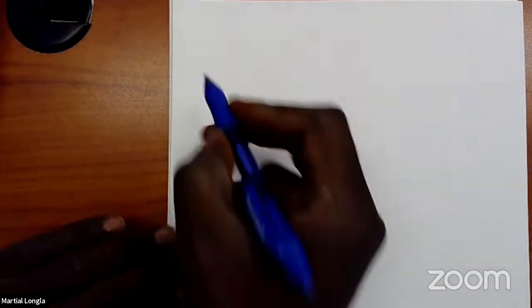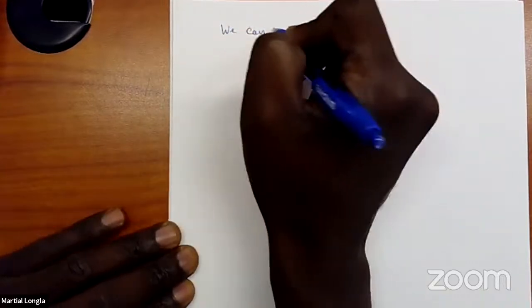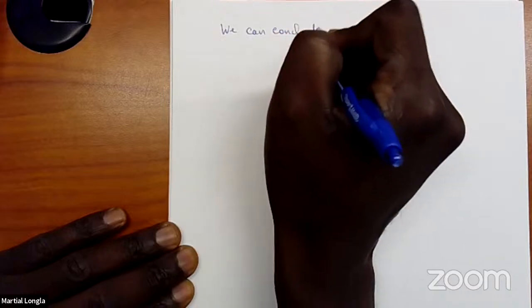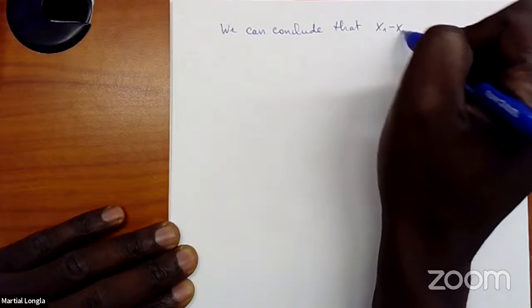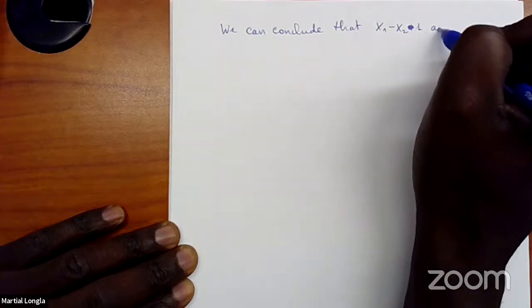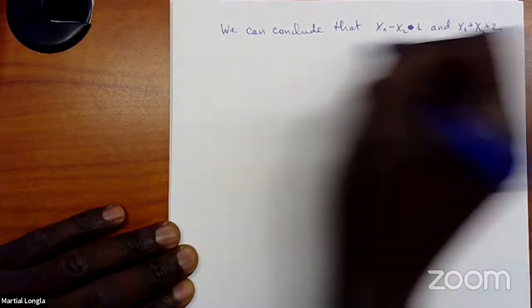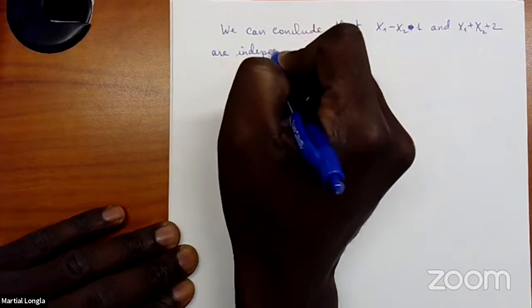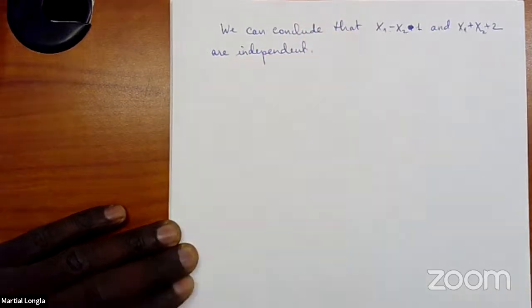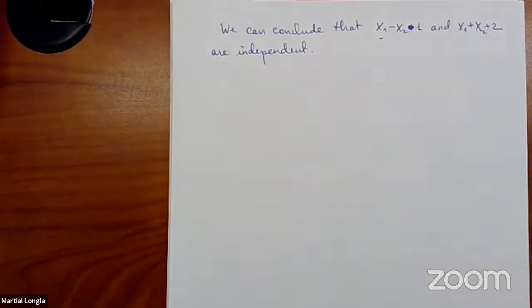From the work that is done, we can conclude that x1 minus x2 minus 1 and x1 plus x2 plus 2 are independent. That's not what our question was. Our question was whether x1 minus x2 and x1 plus x2 are independent.